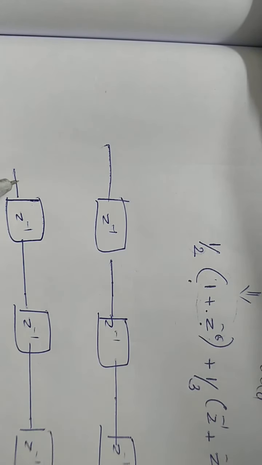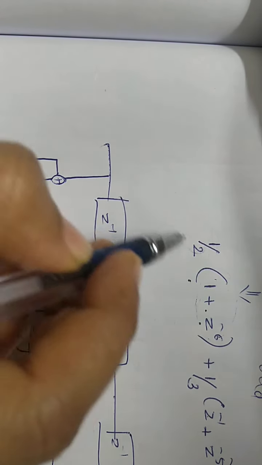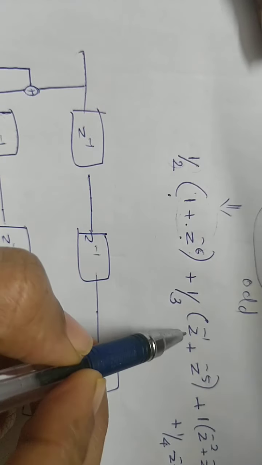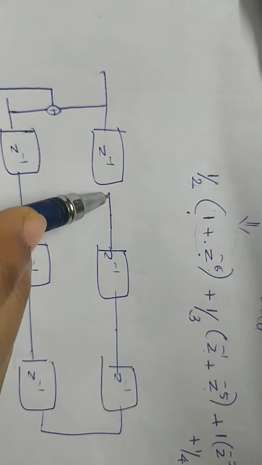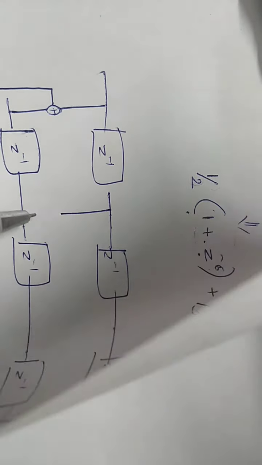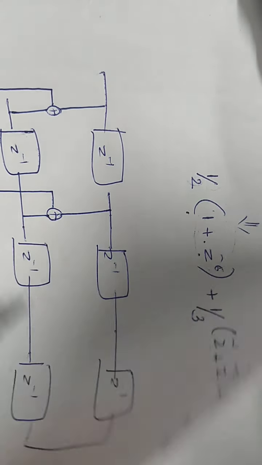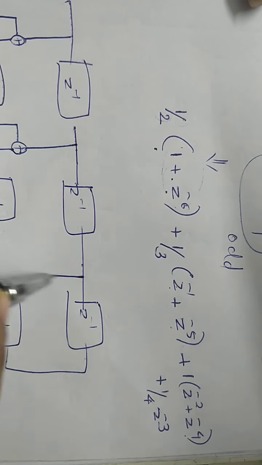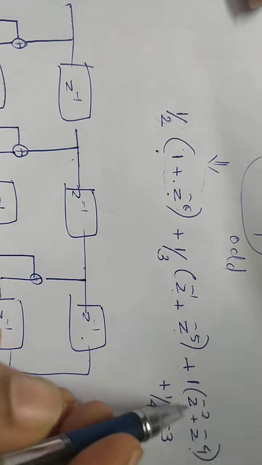Okay, this z raised to minus 6 value and 1 is added and it is multiplied with a constant 1/2. Now z raised to minus 1 and z raised to minus 5 are added. Z raised to minus 1 means here, and z raised to minus 5 means 1, 2, 3, 4, 5 here, which is added and multiplied with a constant 1/3. Now z raised to minus 2 and minus 4. Minus 2 means here, 4 means 1, 2, 3, 4, which is added and multiplied with 1.